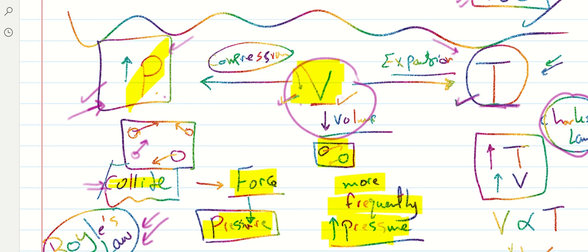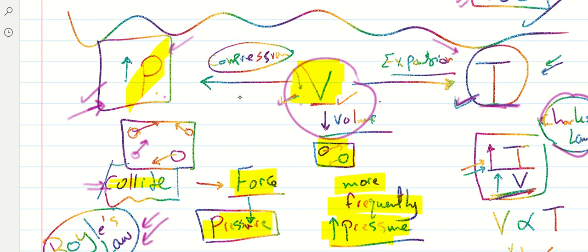Okay. What about Charles' law? Charles' law represents the relationship between volume and temperature. What's going to happen if the temperature increases? If the temperature increases, the volume will increase as well. Why? Because the kinetic energy increases. So pay attention to this part.